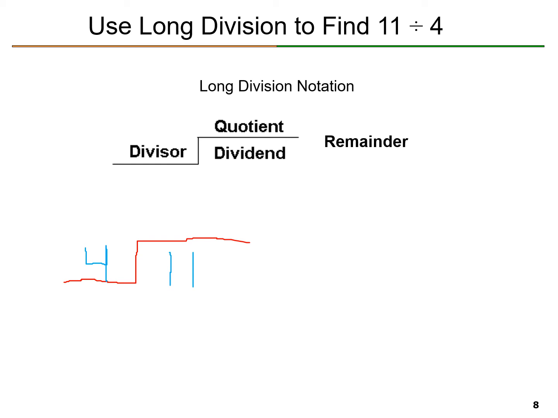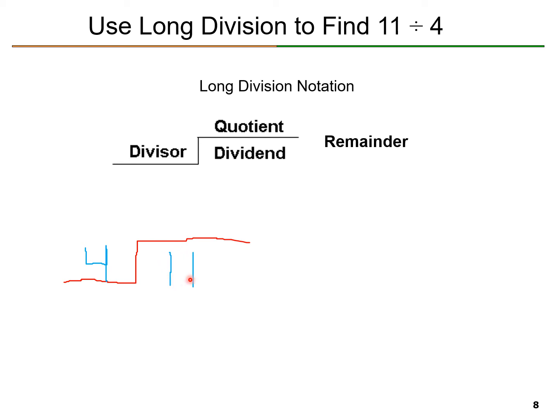Now we ask ourselves at this point, will 4 go into 1? We're looking at this position right here. Will 4 go into 1? No. So we have to move 1 place to the right and look at these 2 digits together, 11.